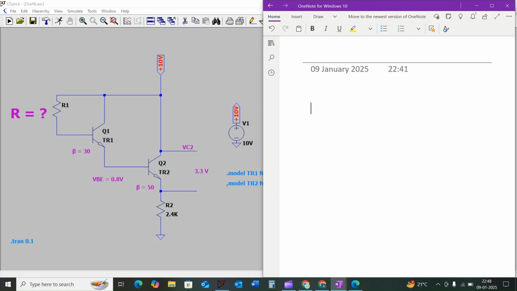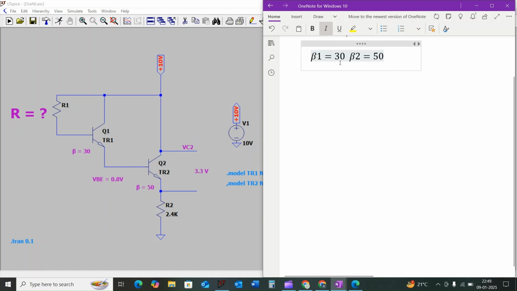As we know, here we have to consider the current gain of the transistor Q1 as beta 1 and Q2 as beta 2, which are equal to 30 and 50. Similarly, we consider the voltage across base to emitter of Q1 and Q2 as VBE1 and VBE2, which is equal to 0.8 volt.